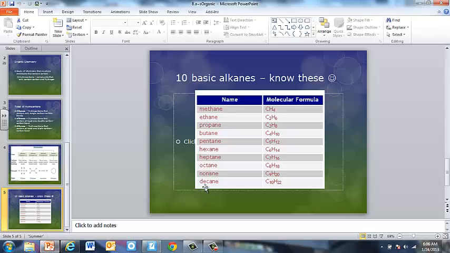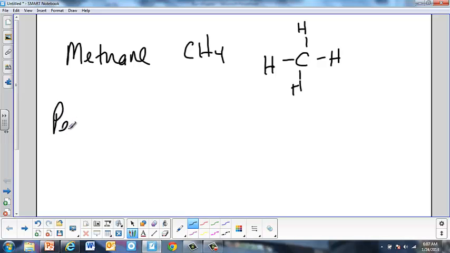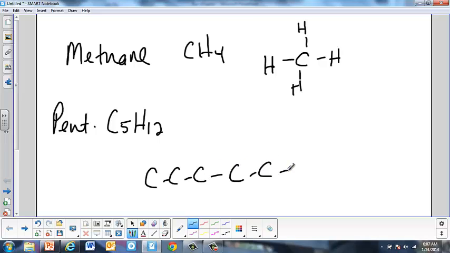Okay, if we pick another one, let's draw a bigger one just to show you. Let's pick pentane. Okay, pentane, C5H12. Here's where you start. You start with the long chain of carbons, which is 5. 1, 2, 3, 4, 5.